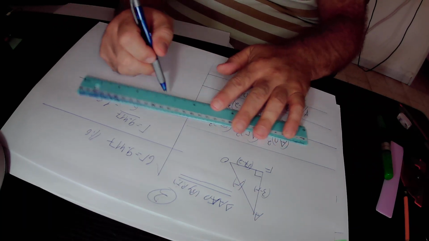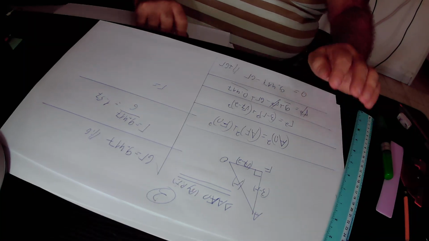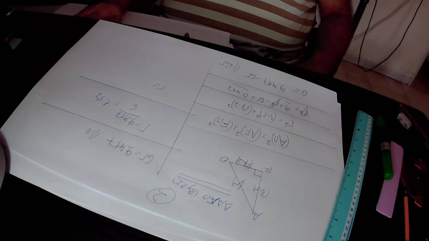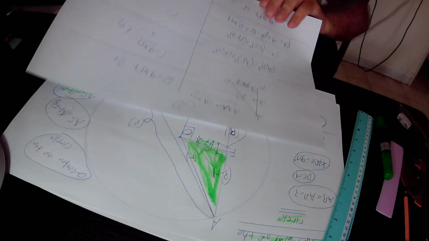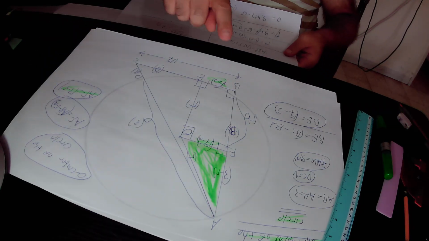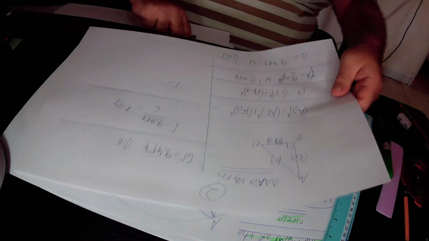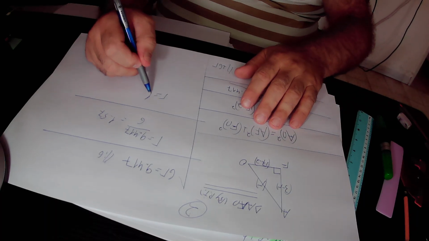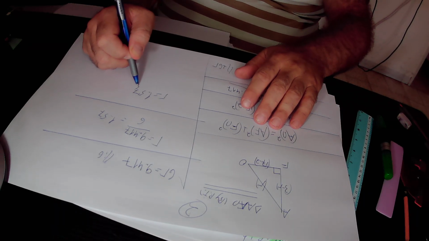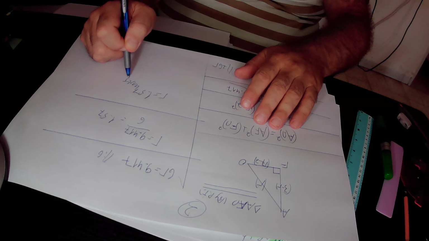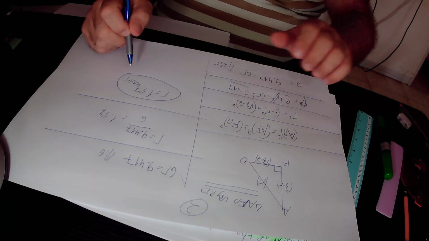So you found that the radius of this circle R equals 1.57 units in length. So we finish with the first question.